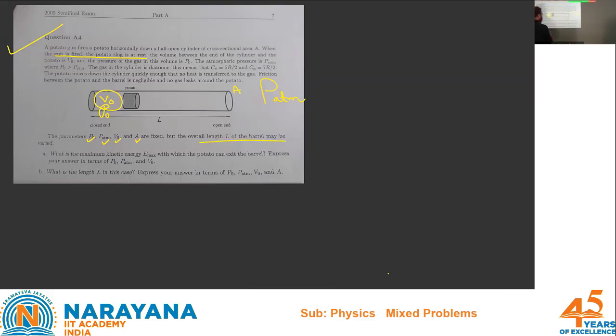The overall length of the barrel may be varied. That's perfectly fine. Now comes the question. What is the maximum kinetic energy with which the potato can exit the barrel?